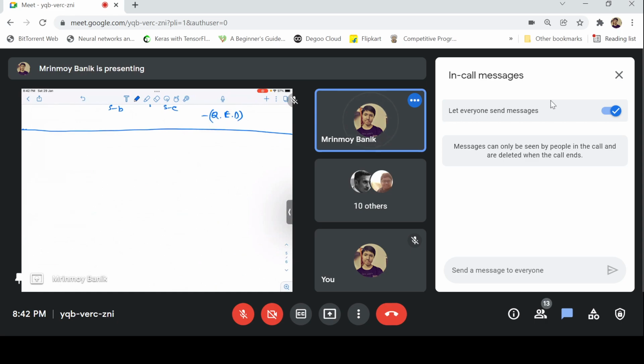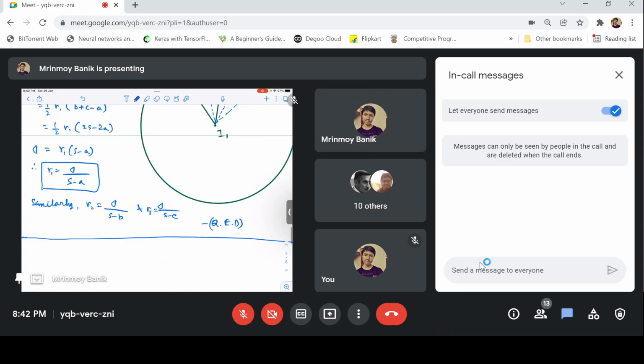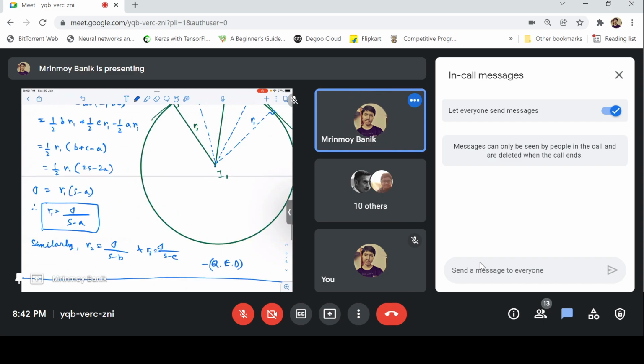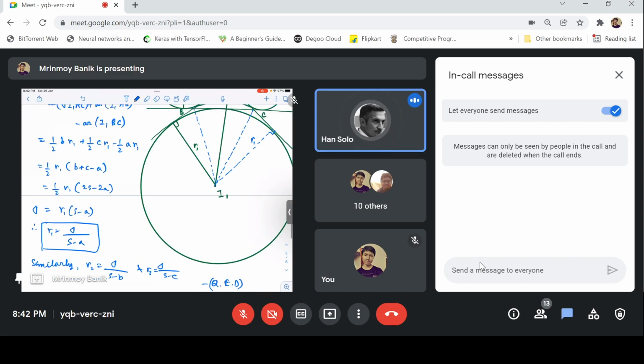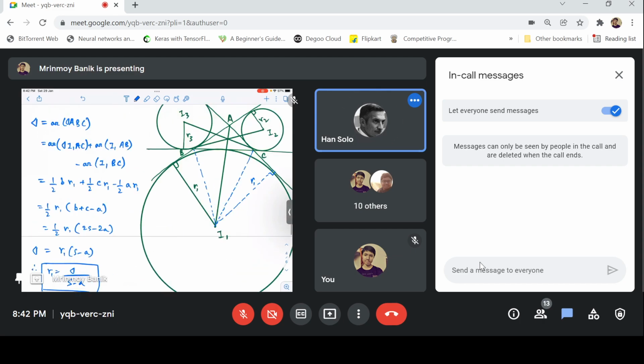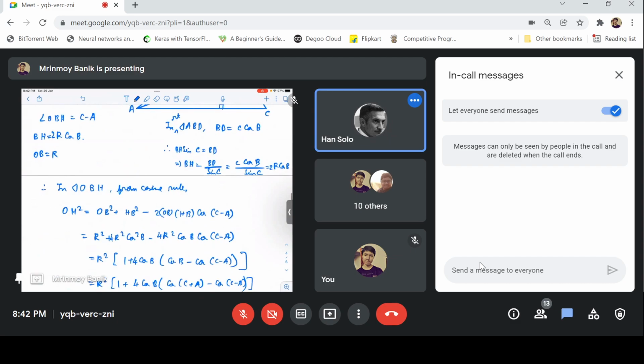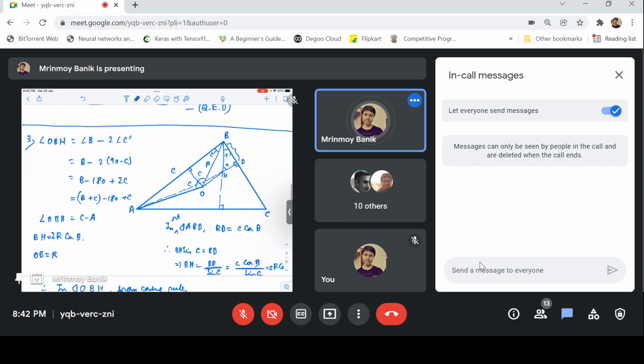So now what? Just a minute. Sir, can you post the solutions in the group one day before the class, so that we can discuss more problems in this time? If anybody has a doubt, they can ask in the class itself. This way, we can save time. Yes, I will post the notes after the class.